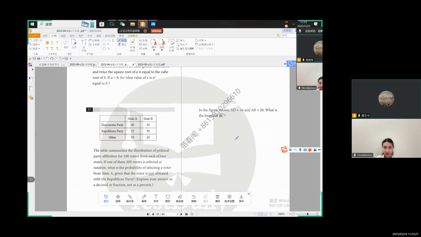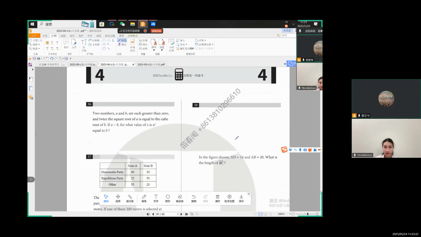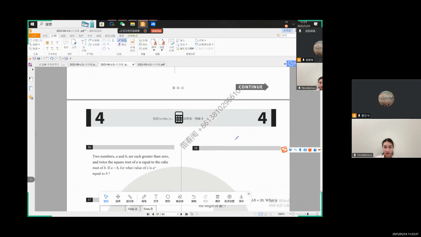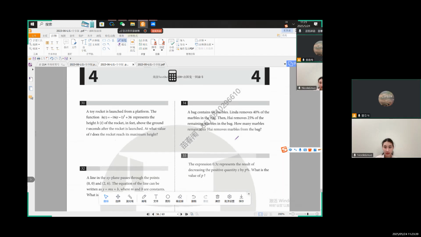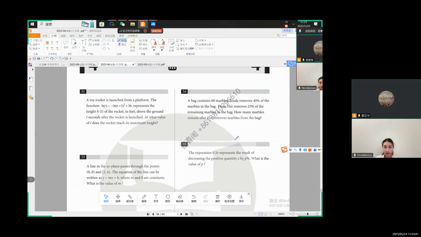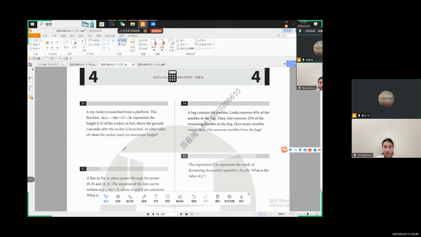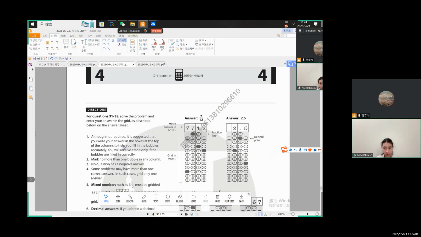In this figure shown, also no figure. I think it'll be okay. Yeah, vertex problem.